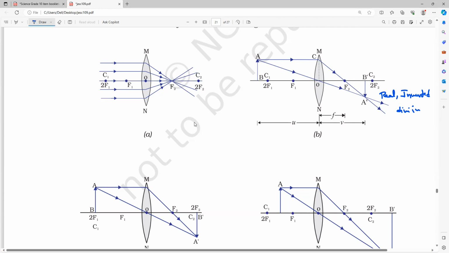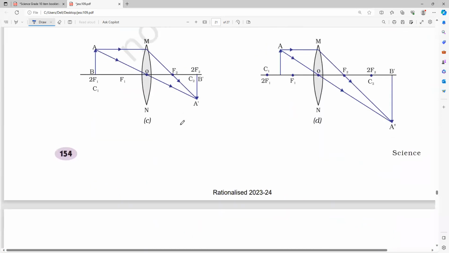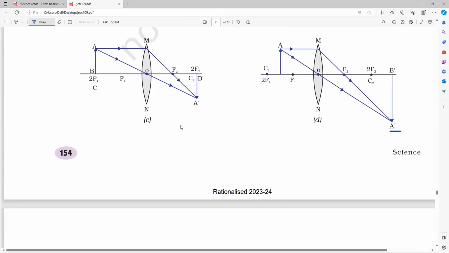Then 2F1 will become F1, and the optical center becomes F2 and F2 becomes 2F2. The object is still at the same position, the image is still at the same position, but as the focal length is shifted, the image becomes real, inverted and magnified.